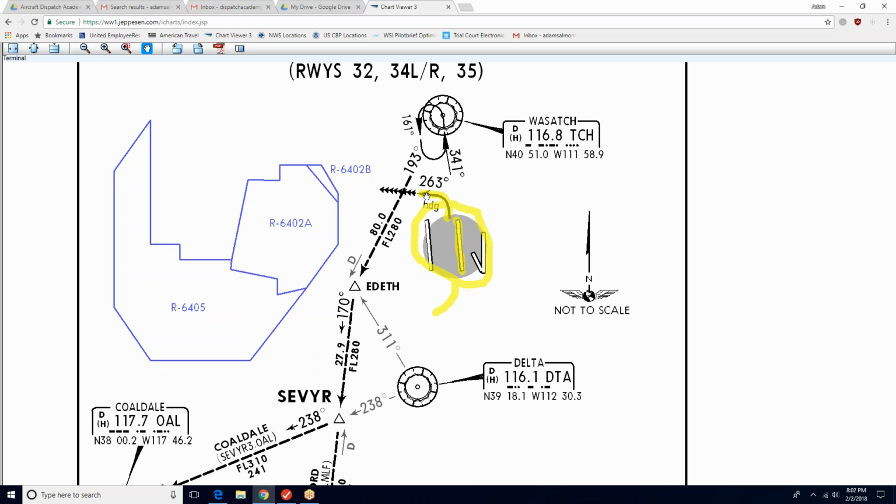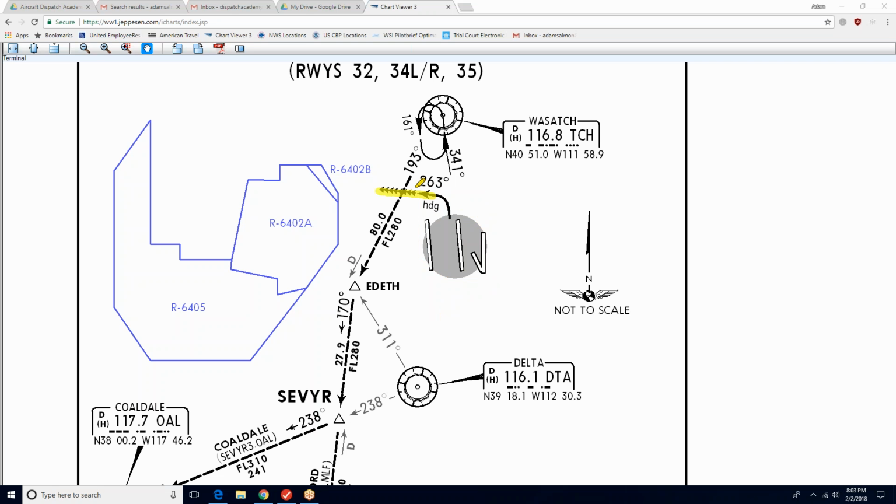Now, as you can see, that just puts them on this heading, right? As they're flying out, now let me get some of that stuff erased. So now they're heading on this 263 heading, basically going straight west.